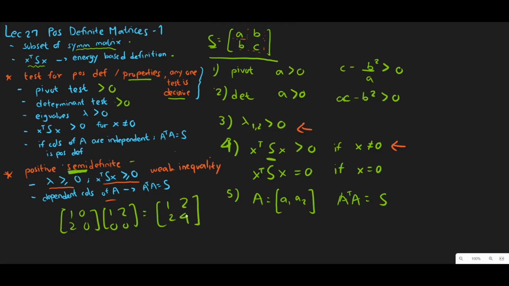You can see immediately that this is a singular matrix. It has dependent columns, and it is positive semi-definite, because one of the eigenvalues of a singular matrix is 0. Okay, so I'll see you in the next part.